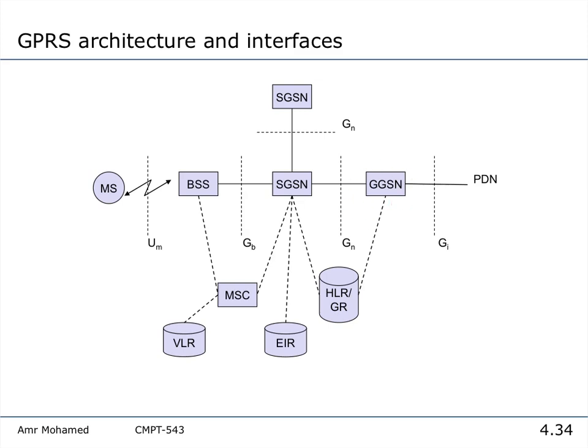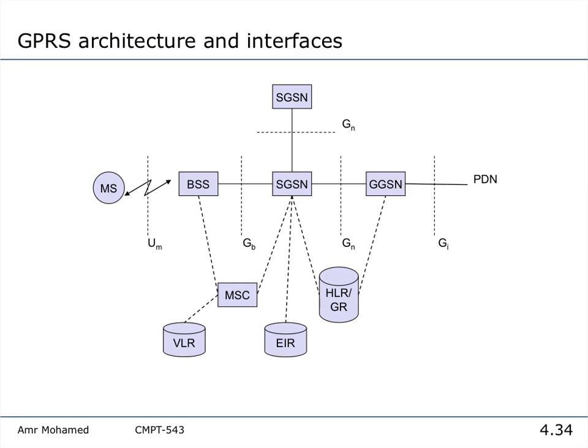Okay? Any question on this architecture? So it's the same architecture as before, but we added these three components: the serving GPRS support node, the gateway support node, and the GPRS register. These are the three components that have been added.